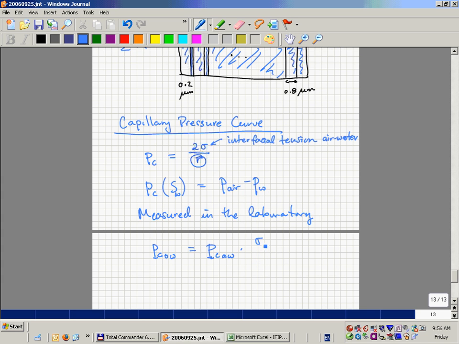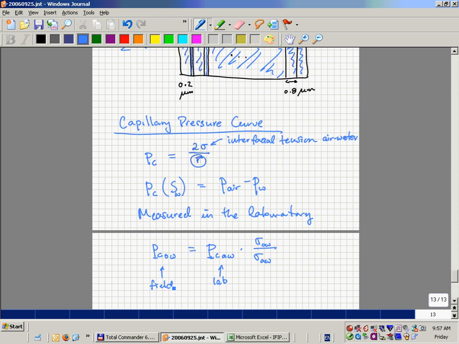This would be oil-water over air-water. So this is our lab measurement. This is what we need for our field oil-water.